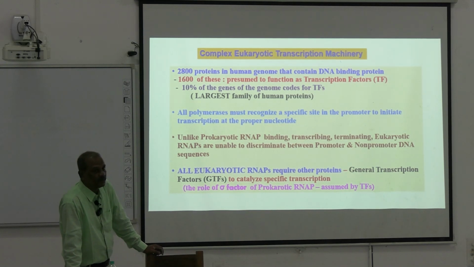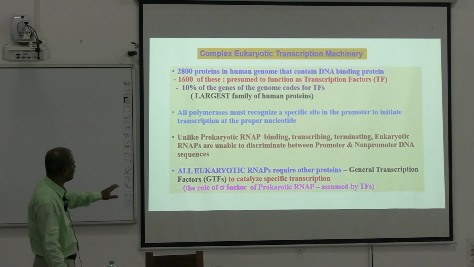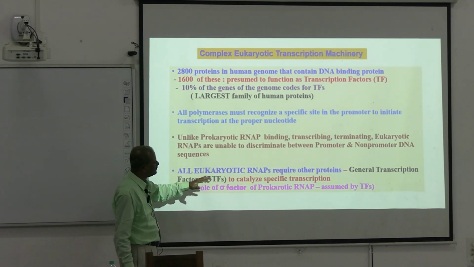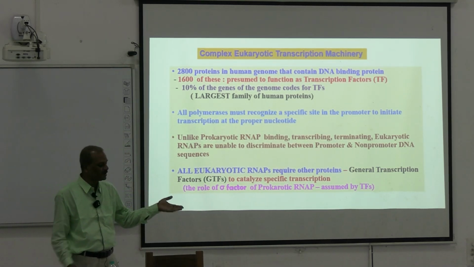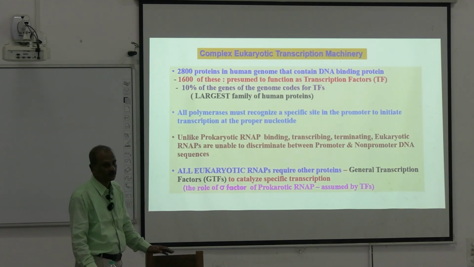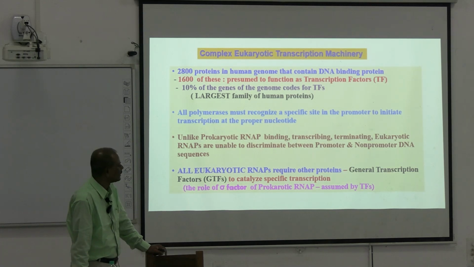Prokaryotic RNA polymerase is endowed with all properties, but eukaryotic polymerase is not, so it requires general transcription factors to catalyze specific transcription. The role of the prokaryotic sigma factor has been taken over by the transcription factors.